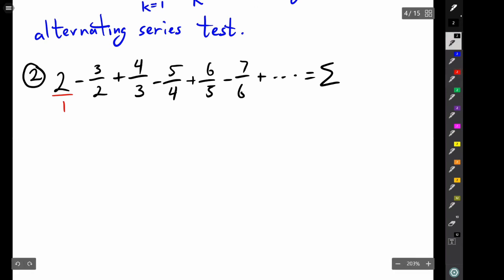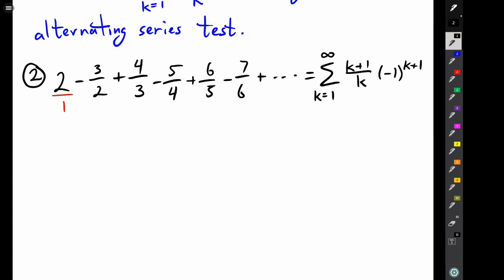So what we're really doing here is, if we say this is k plus 1 over k, then k starts at 1 and goes to infinity. And then it's alternating. So we usually would write this first, but it doesn't really matter. Since we start on a positive term and k starts at 1, we need k plus 1 here.